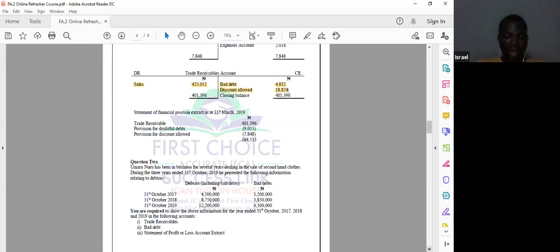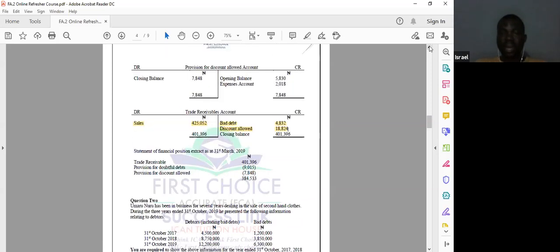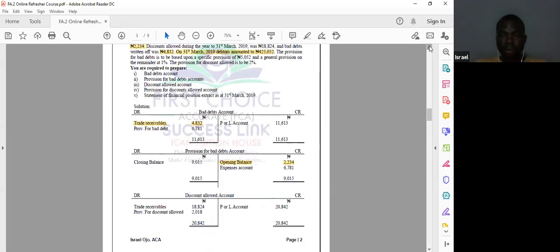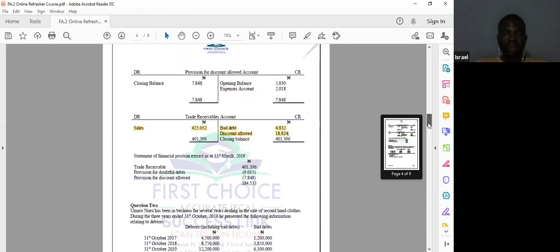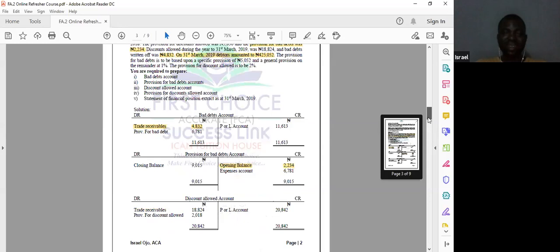After we have that, we have to remove the element. I'm trying to find out something here. So, the remainder of the discount allowed. Okay, I think I get it.